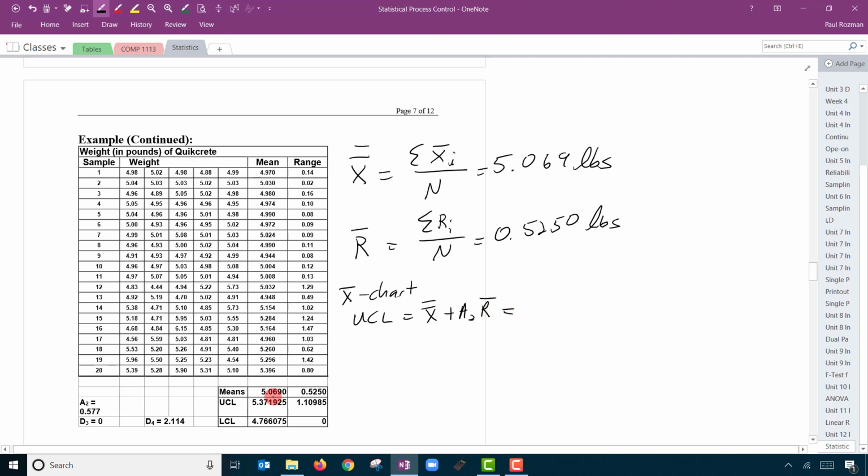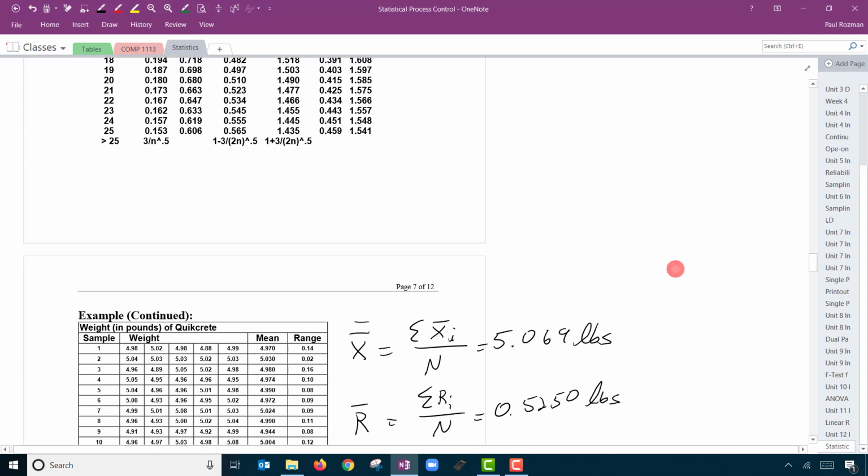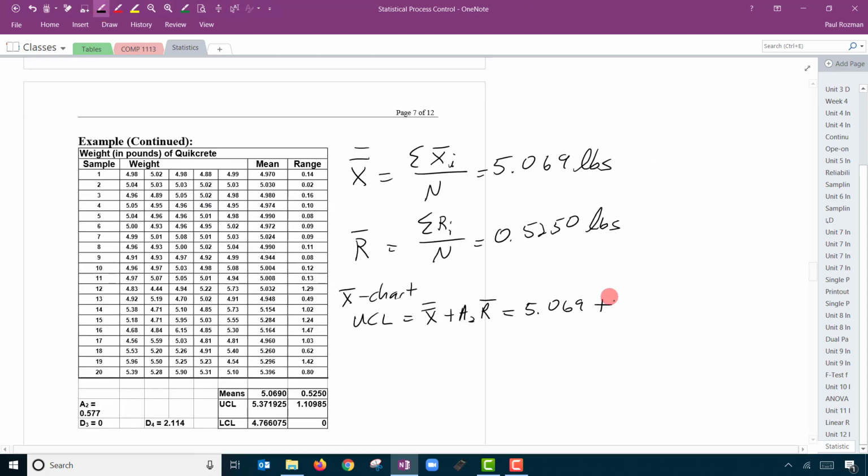So in our case, our X bar bar was 5.069 plus A2, which we read off of our table. So you go back to our control chart constants, and we're in this row, and we're using A2, so it's 0.577 as our factor there. And then multiply that by R bar. And doing that calculation, we get 5.37 pounds.